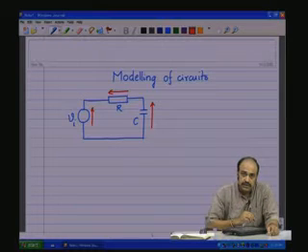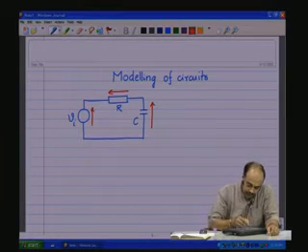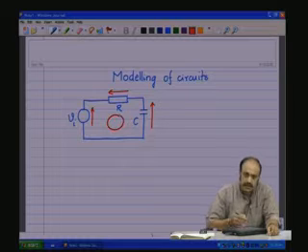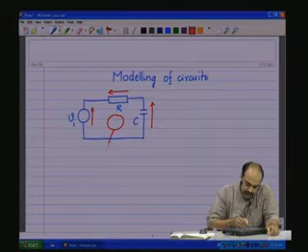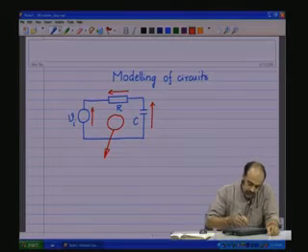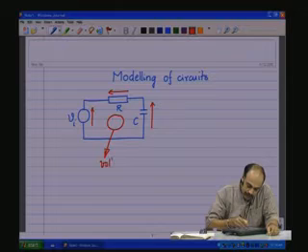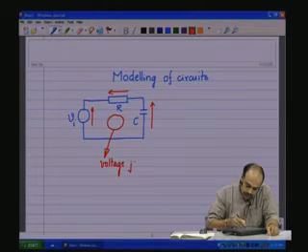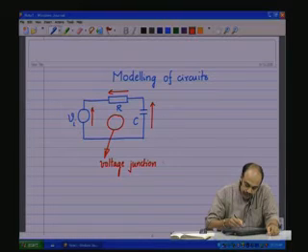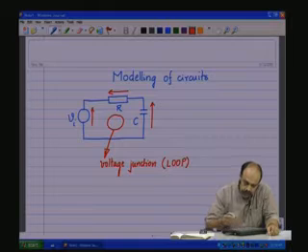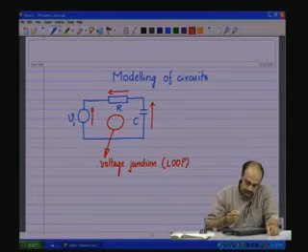So, by the Kirchhoff's voltage law, because this is a junction, and what junction is it? This is a voltage junction, or a loop. And what does Kirchhoff's voltage law state?